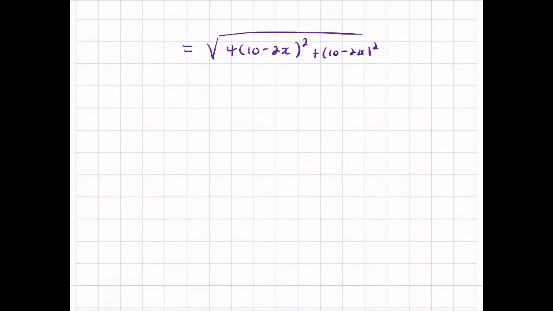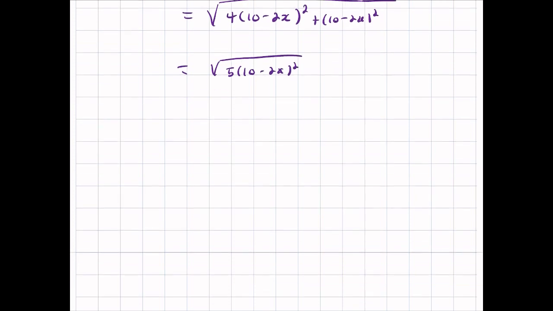Okay, that's great. And now I can factor out the 4 and make this the square root of 5 times 10 minus 2x squared, because I have 4 of them plus another one of them, which becomes the square root of 5 times 10 minus 2x, not squared, because the square cancels with the square root.